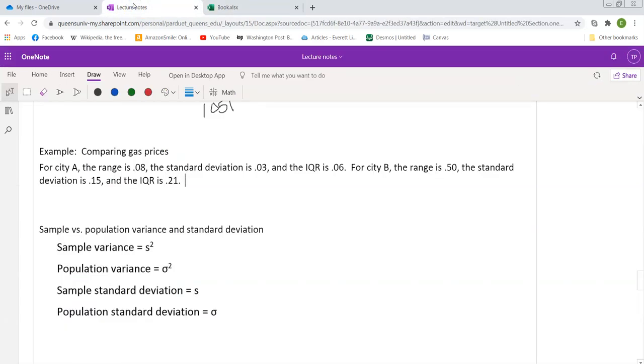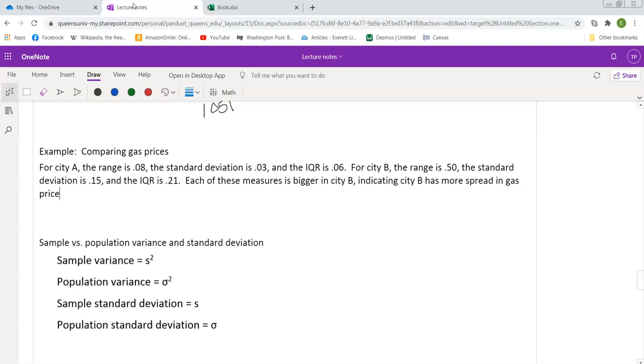Each of these measures is bigger in City B, indicating City B has more spread in their gas prices than City A.